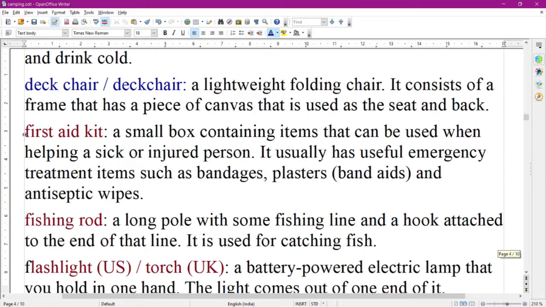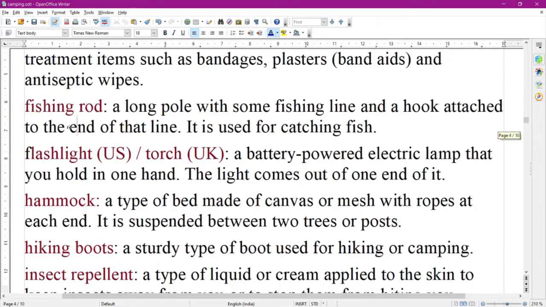Next, if children are there, we need to carry a first aid kit. If you are interested to go for fishing in the creeks, then you can take the flashlight or torch. You can keep flashlight or torch or lantern inside the tent.